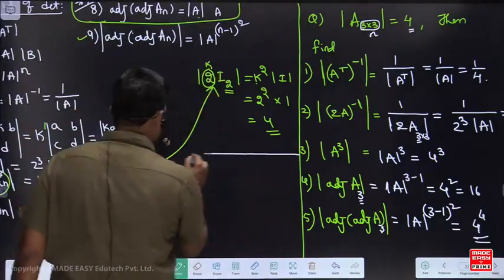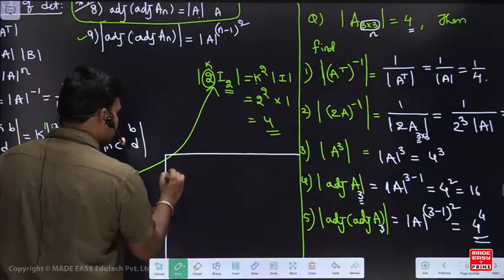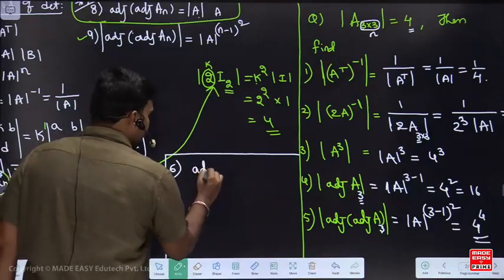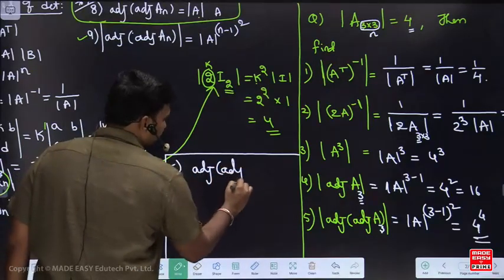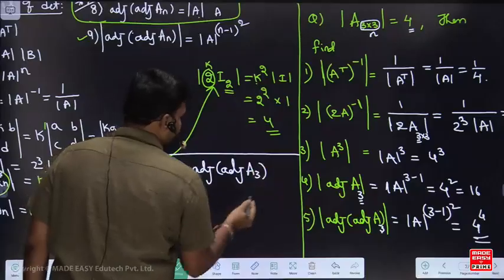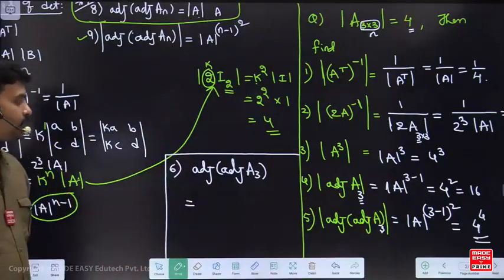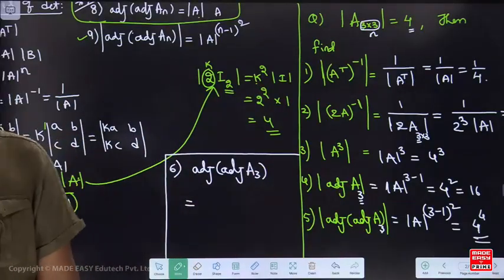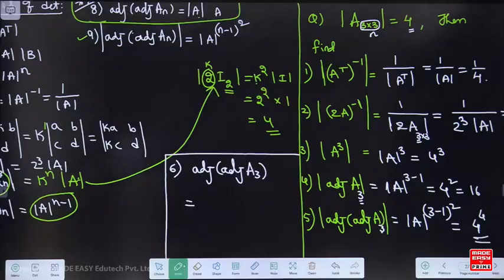Now if I ask you one more question in this, the sixth one, what is the adjoint of A, 3 by 3? What is the answer for this question also? Yes, 16 into 16, correct.